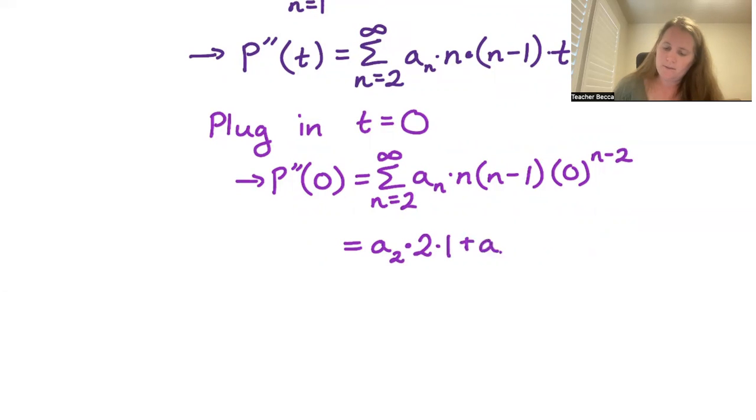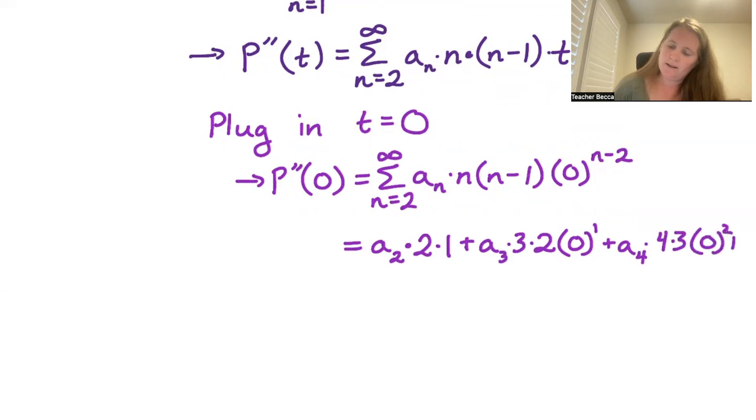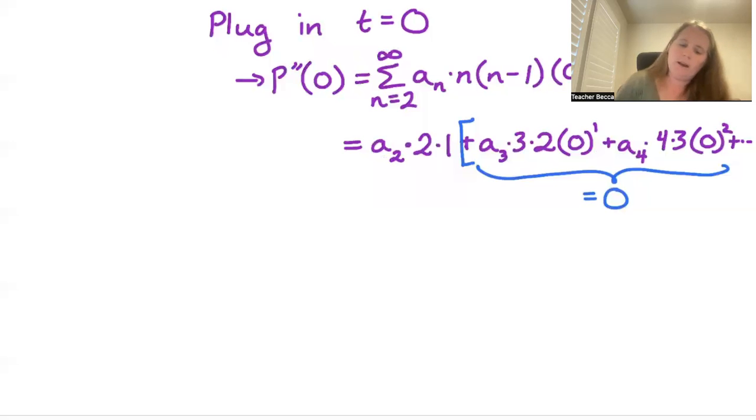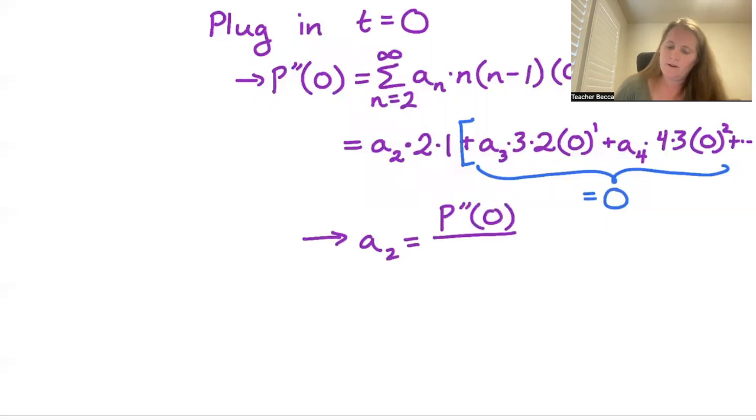Then we have plus a sub 3 times 2 times 0 to the first power, plus a sub 4 times 3 times 0 to the second power, etc. Everything beyond that first term will wind up being 0. And so we wind up getting then that a sub 2 is simply the second derivative evaluated at 0 divided by 2 times 1, or 2 factorial.